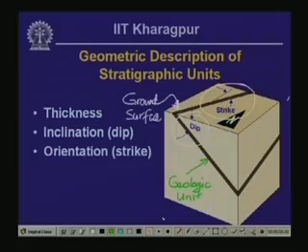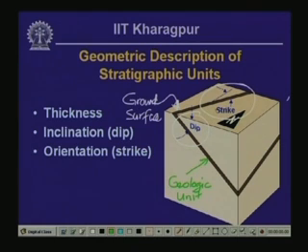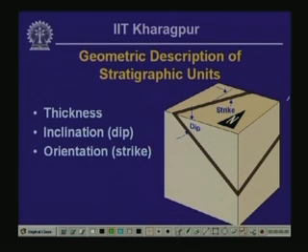Now there is another thing that one needs to know: what is a true dip and what is an apparent dip. You can imagine that the slope of the layer that is shown on the picture there will depend on the direction in which the slope is given. If, for instance, we provide the dip in this direction, that is going to be different from the dip that is obtained when one measures the dip in that direction.